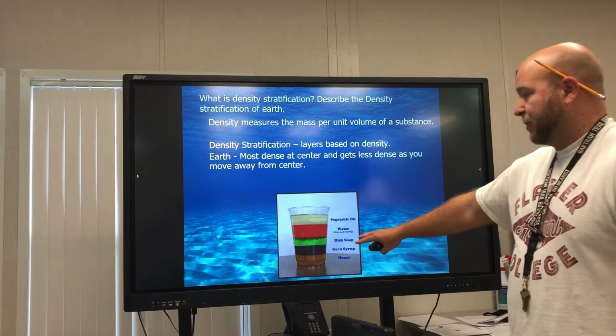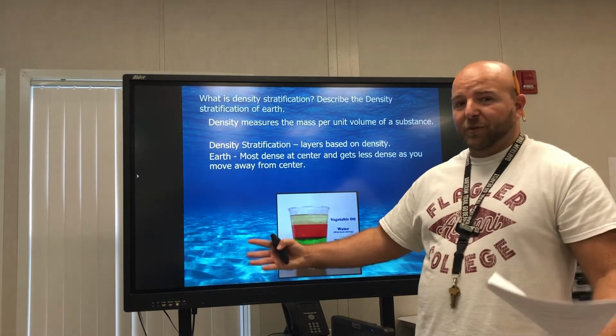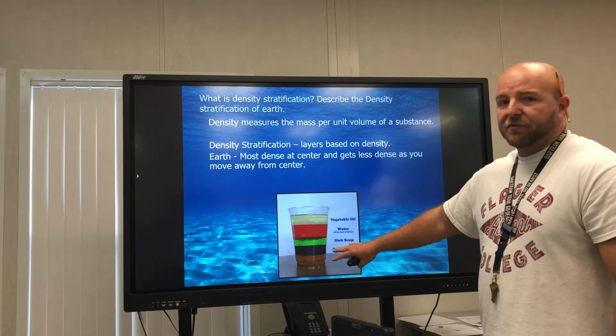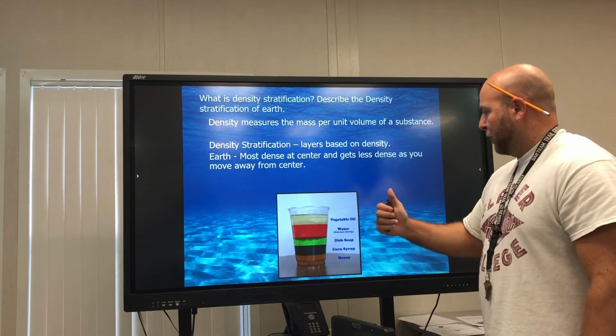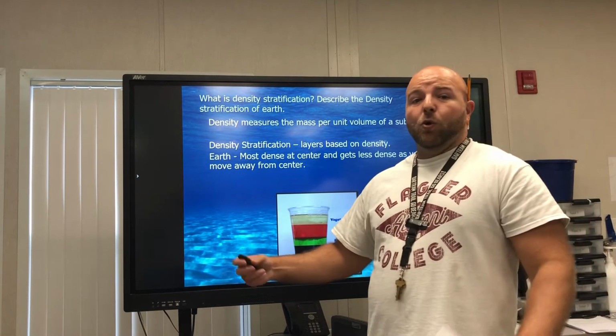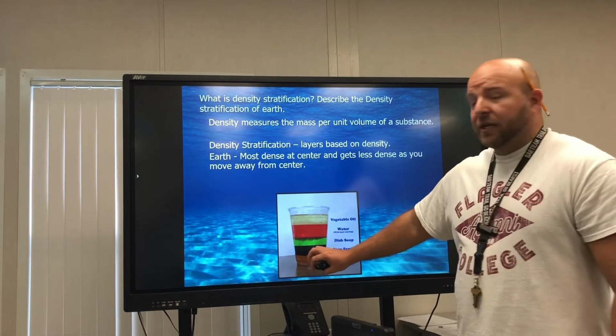Here's a little experiment that you can try at home with permission from your parent or guardian, of course. You take a cup and get these 5 different substances. We've got vegetable oil, water, dish soap, corn syrup, and honey. And it does not matter what order you pour them into the cup in, they will eventually settle in this order.